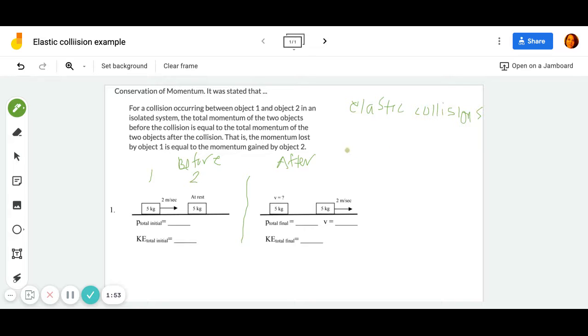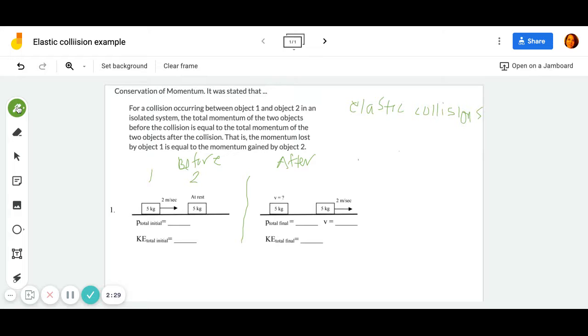Okay. The mass of object 1 times the velocity of object 1 plus the mass of object 2 times the velocity of object 2 equals the mass of object 1 times a new velocity. Let me write that again.